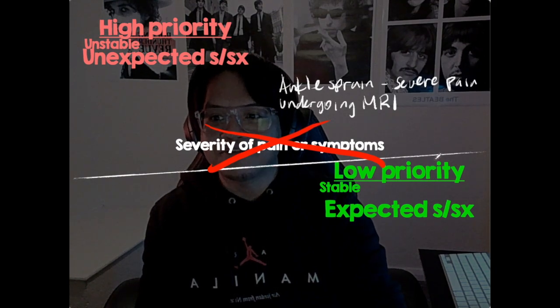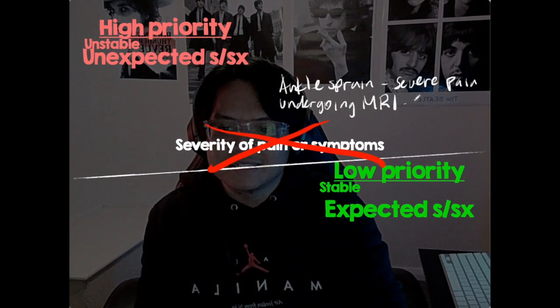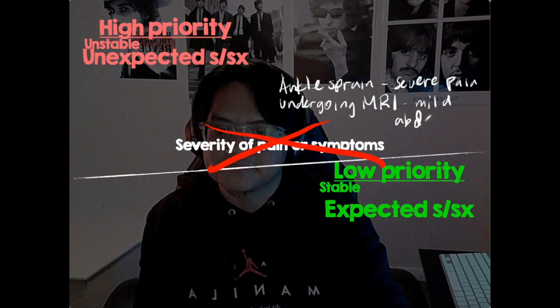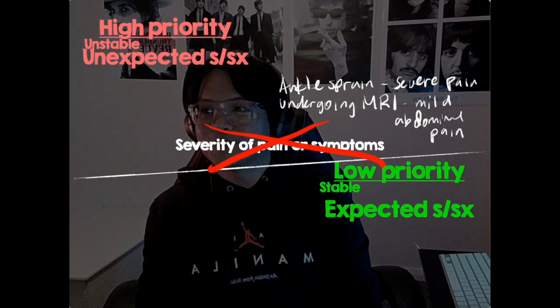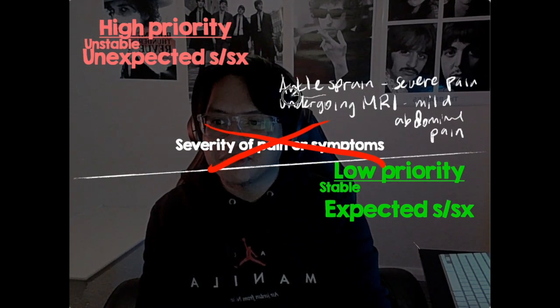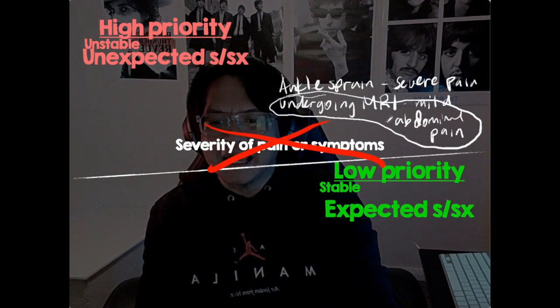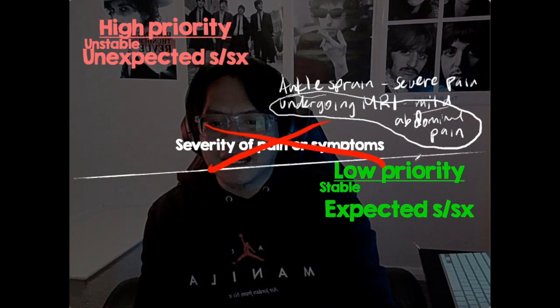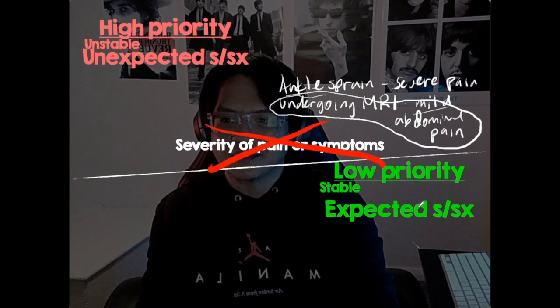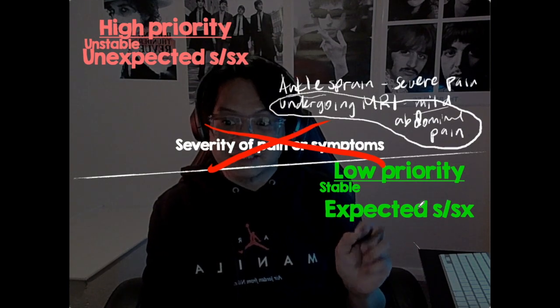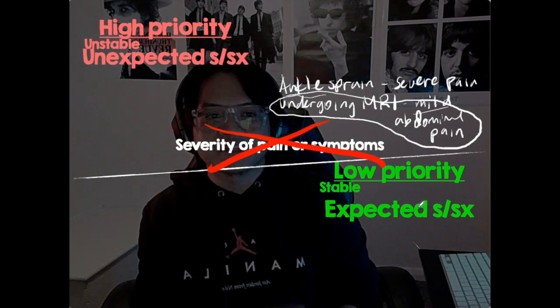And the patient who is having an MRI is complaining about mild abdominal pain. Now, using this rule, our priority should be the patient with mild abdominal pain, because we don't expect a patient who's having an MRI to have a mild abdominal pain. There could be something wrong. So that is this rule. Always check if the patient is manifesting an expected symptom or an unexpected symptom.